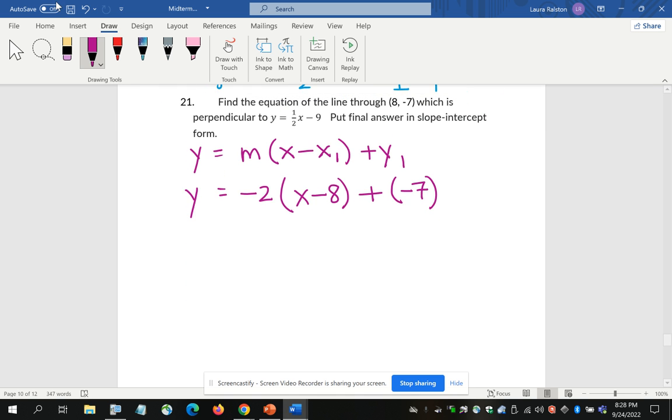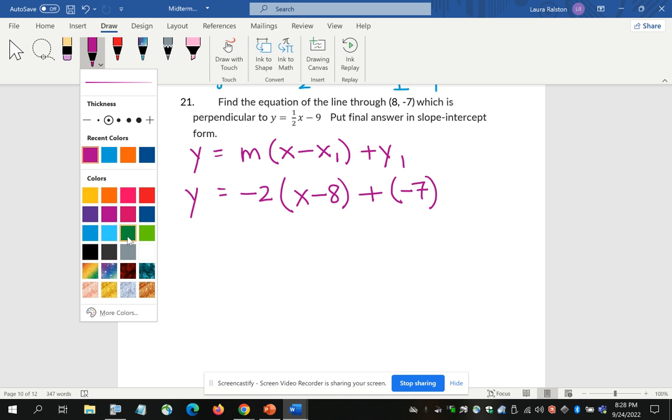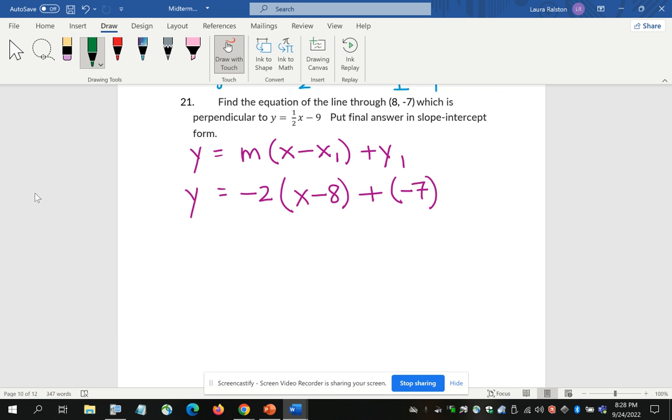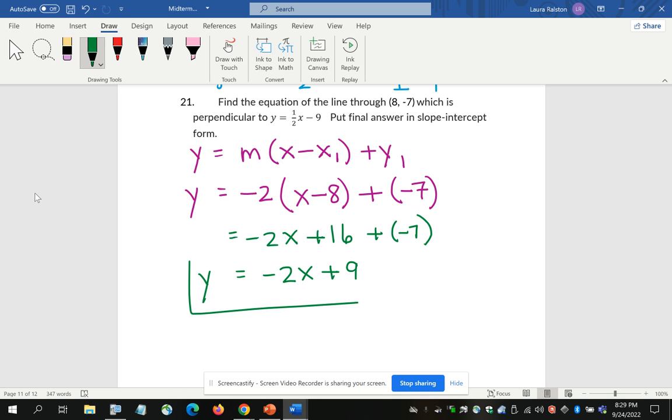Again, the final answer should be in slope-intercept form, so I need to distribute. So I have -2x plus 16 plus -7. So I have y equals -2x plus 9. And there is your equation.